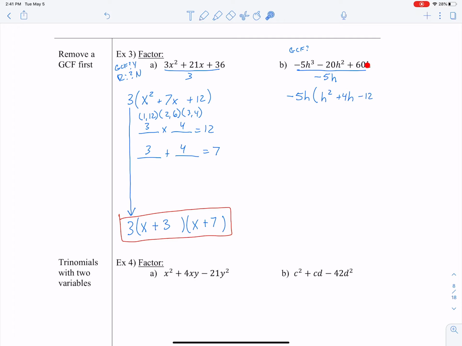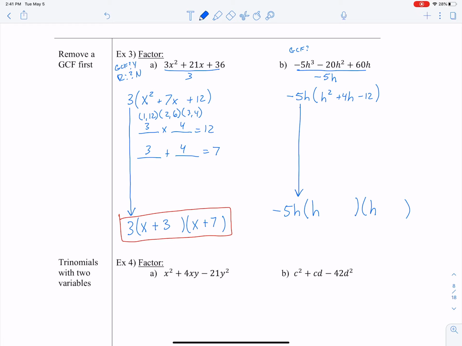And then we have h divided by h, and that just disappears. Okay, we write our arrow, and we put our -5h at the end. And because we're using h, we'll put h at the beginning of each of our brackets.